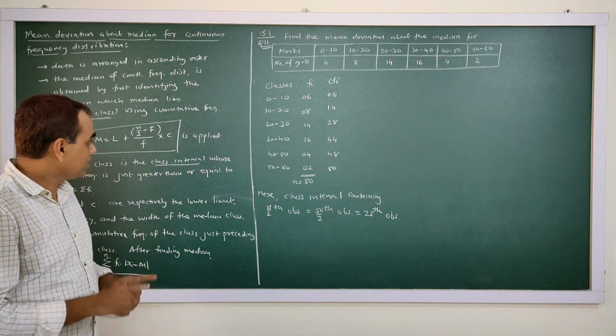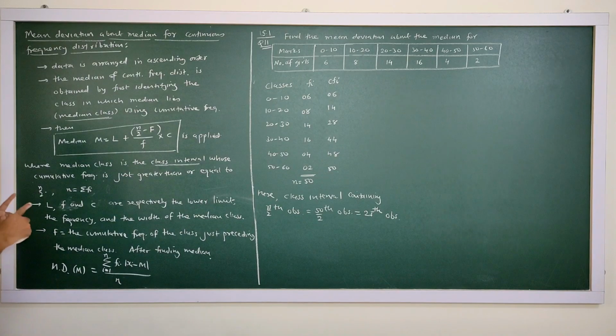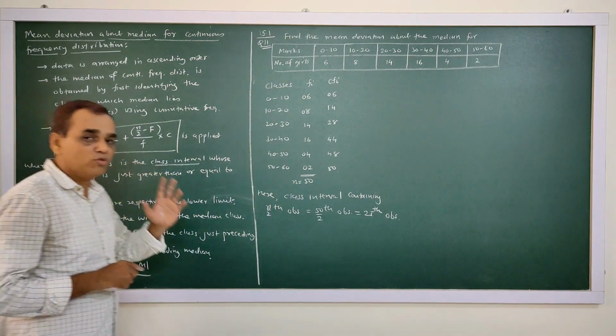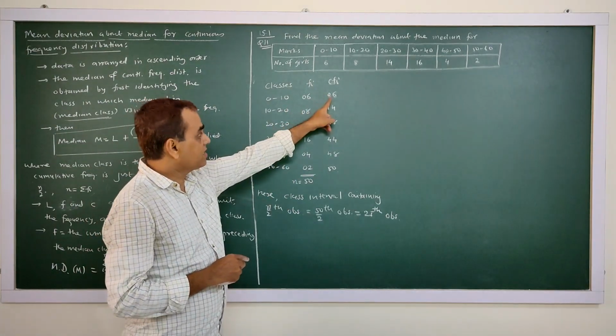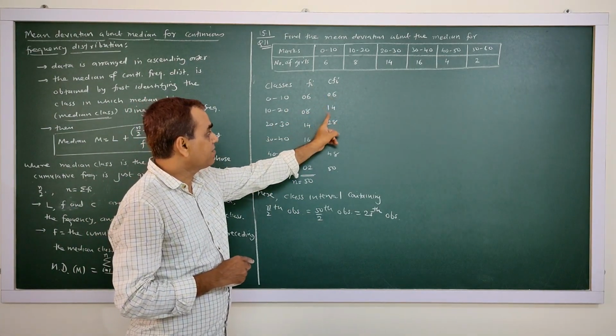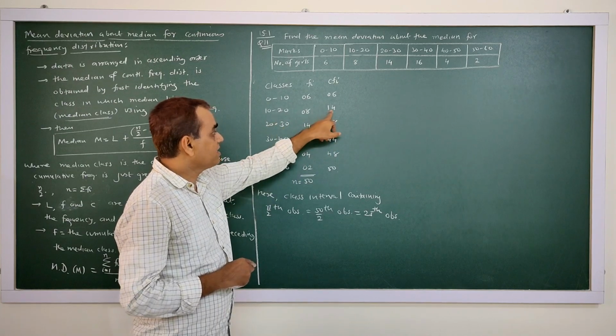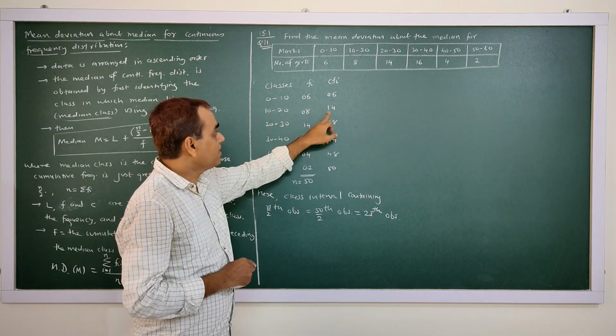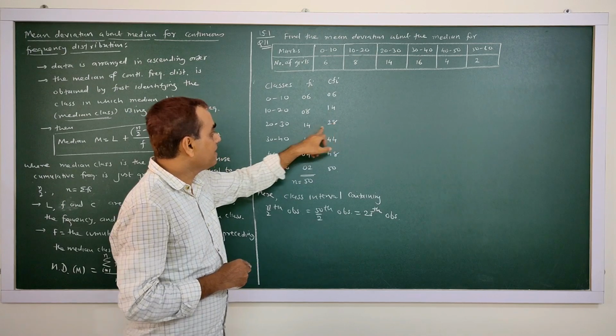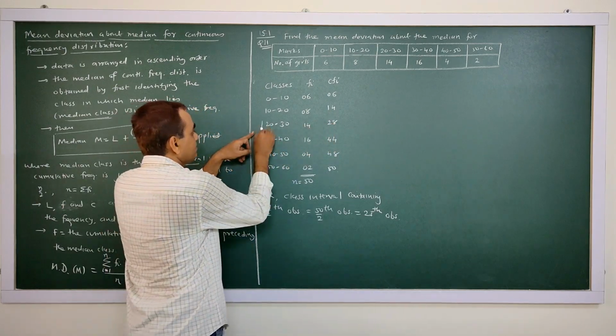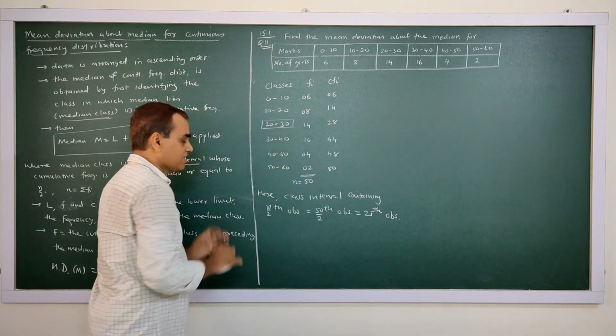The 25th observation, we check in the column of cumulative frequency. See here, 6 observations, then here 14 are over, then 28. So 14 are over, then the 25th observation will be in this class. This will be the median class.